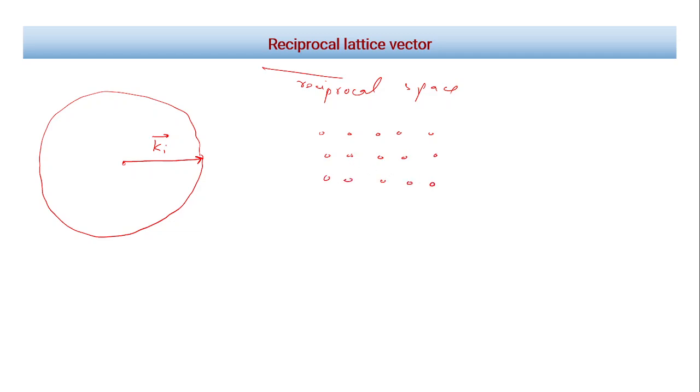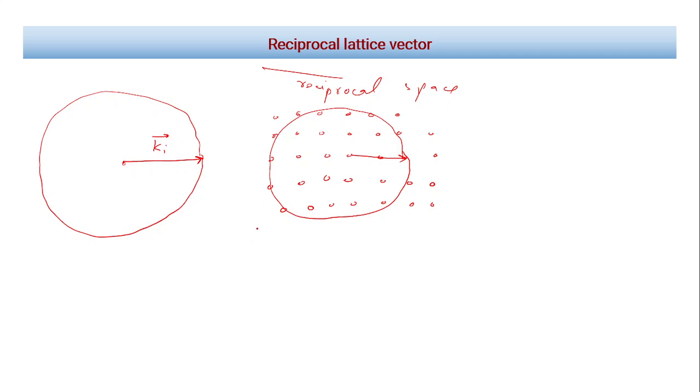When I take this reciprocal lattice vector and make a sphere or circle, then these reciprocal lattice points will be cutting this sphere, okay? And wherever it cuts, those points are of importance, because this Ewald sphere concept was introduced to understand the following.